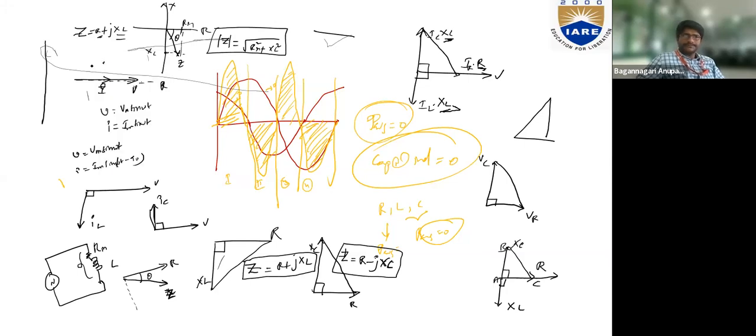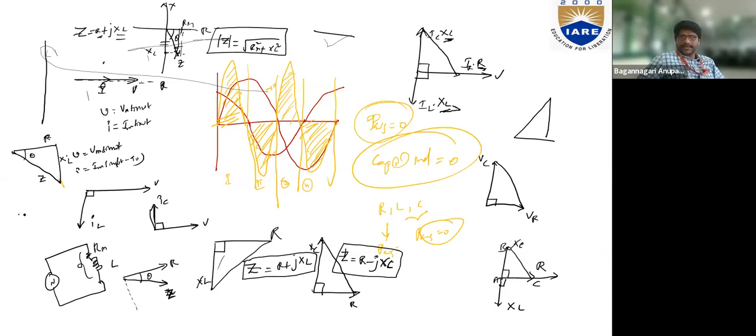I can draw it as R here, XL here, and this as Z, right? This length will be equal to this length, so that's the reason why I take it as XL. Whatever the angle I have here, let it be theta or phi.